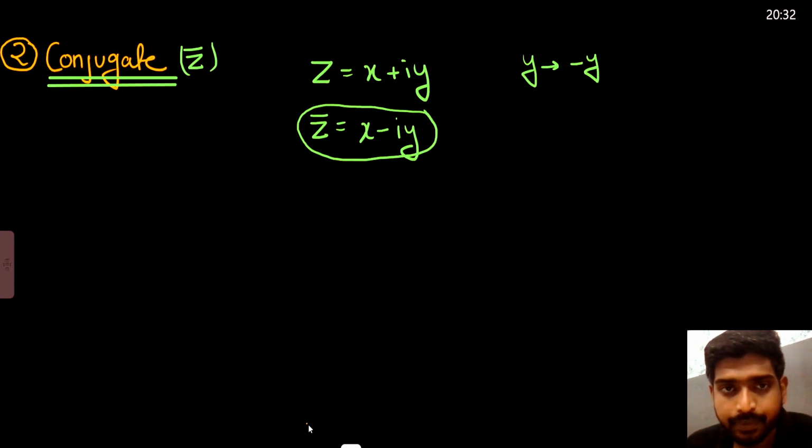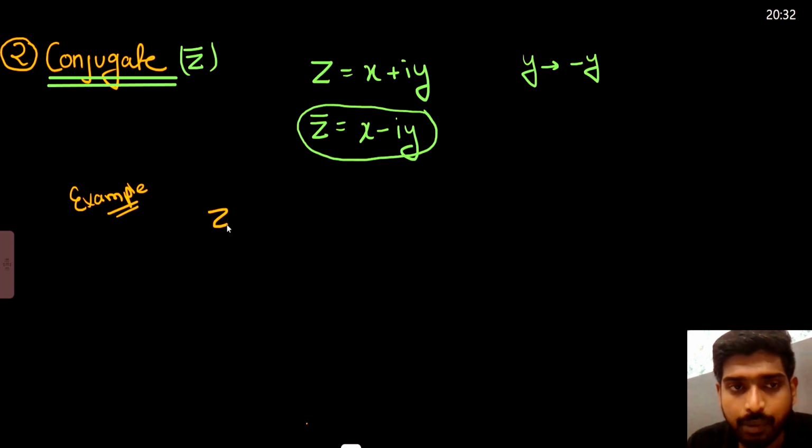Got it? So for example, suppose z is the complex number -3 plus iota. Now what is the z bar value? Find z bar. One more question I'll take.